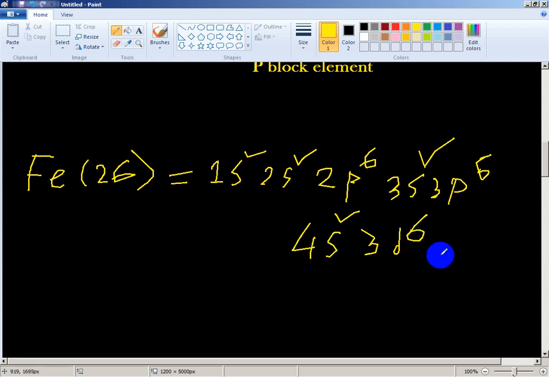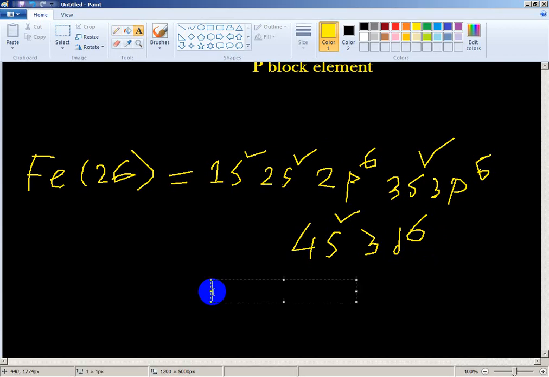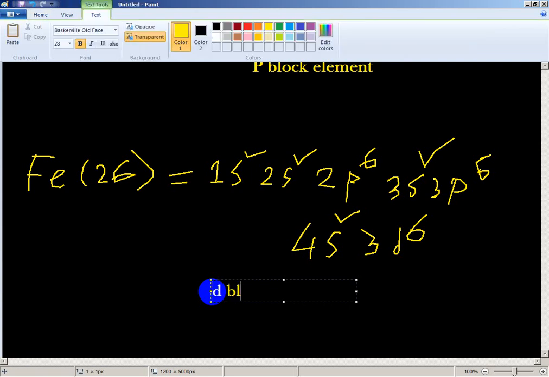So iron is which block element? D block element. Okay, so we understand that iron is a d block element.